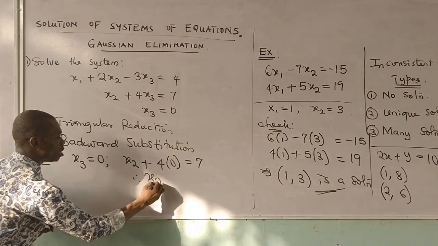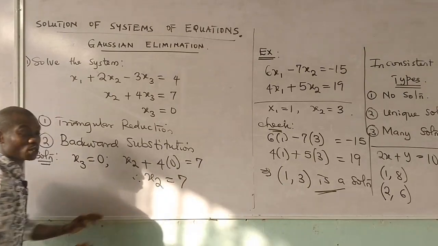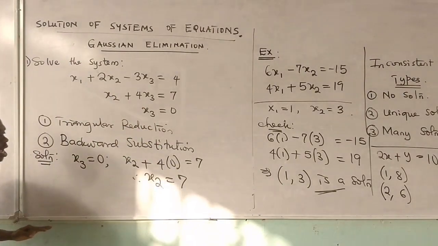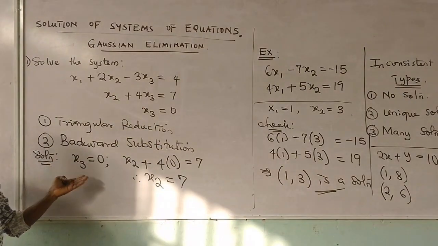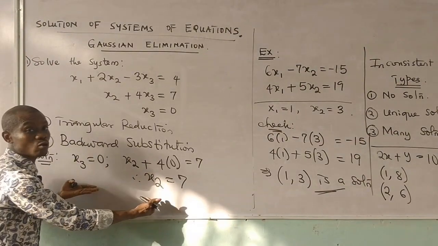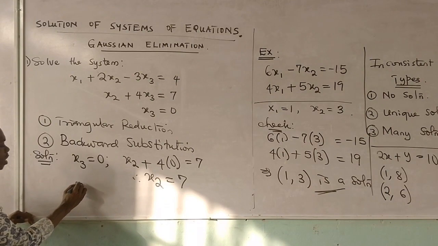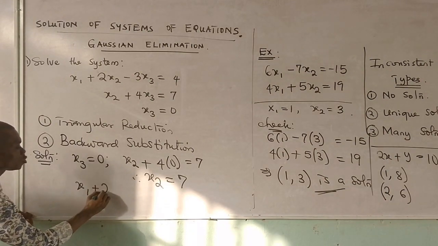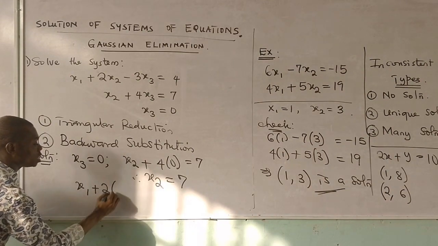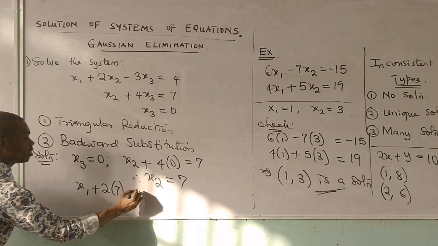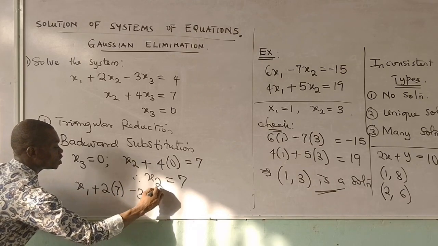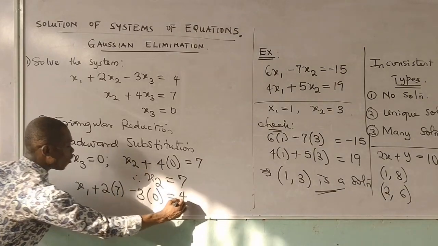Therefore, my x2 alone is equal to 7 because 4 times 0 will go away. And so I have gotten my x3 and my x2. So I will substitute the two into equation 1. And that is going to be x1 plus 2 times my x2, which is 7, then minus 3 times x3, which is 0, equal to 4.